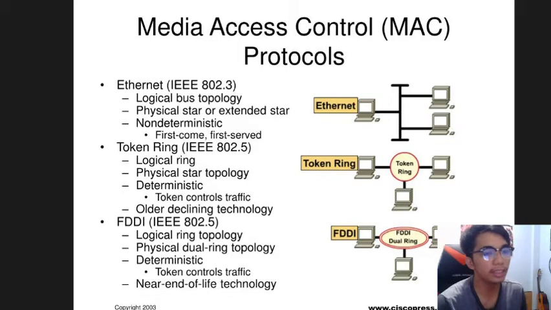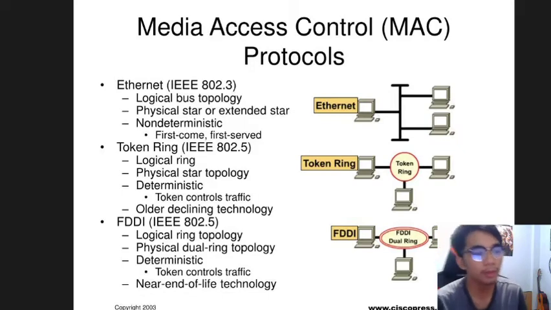Ethernet is IEEE 802.3, with a logical bus topology and a physical star or extended star, and is non-deterministic, first come first served. Then Token Ring is 802.5, with a logical ring and physical star topology.